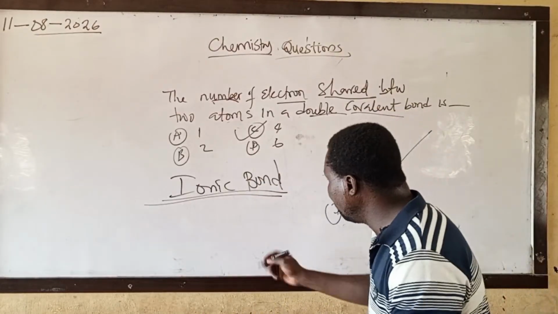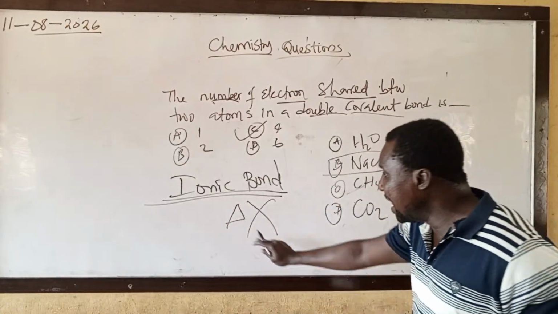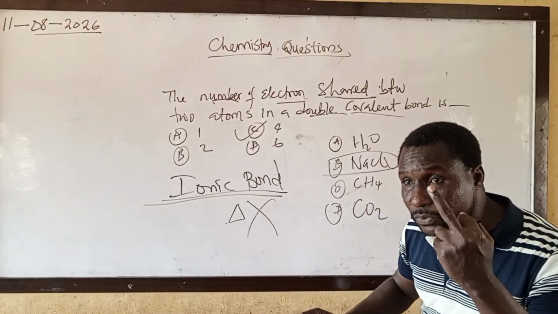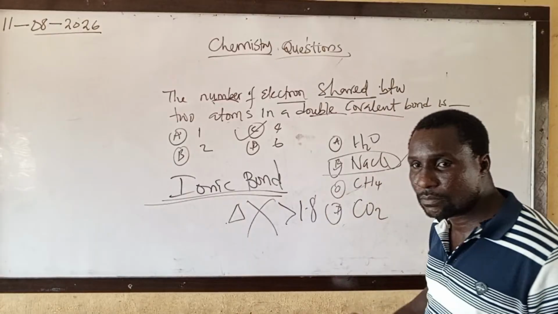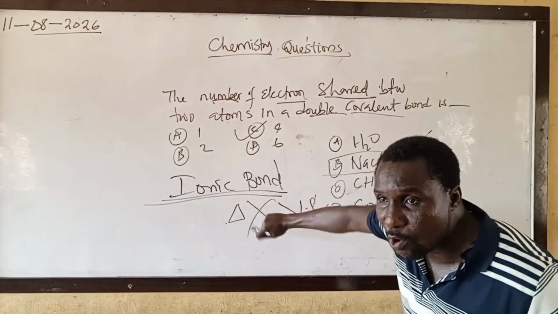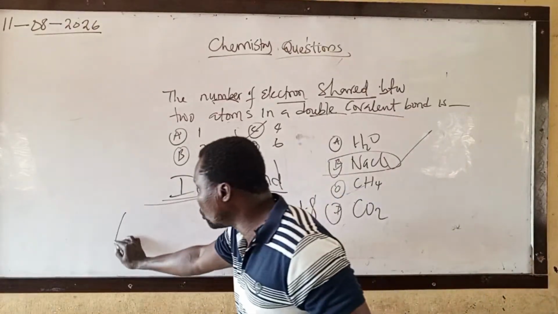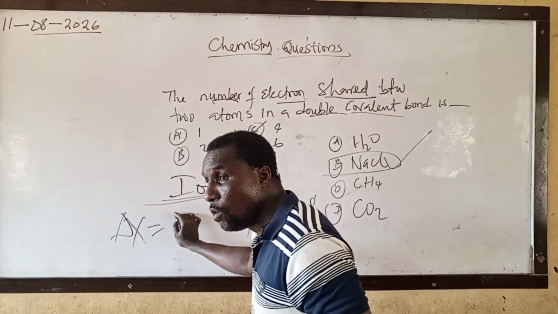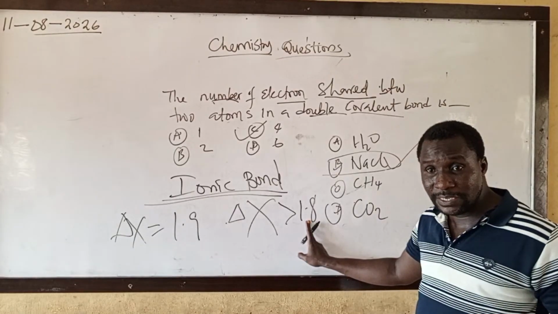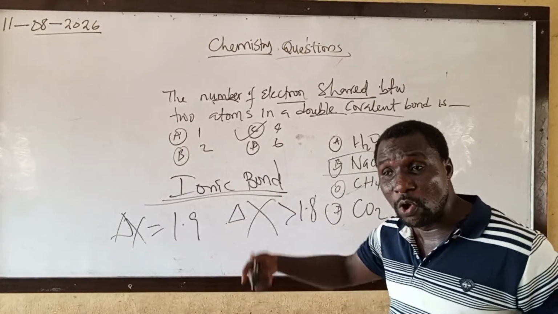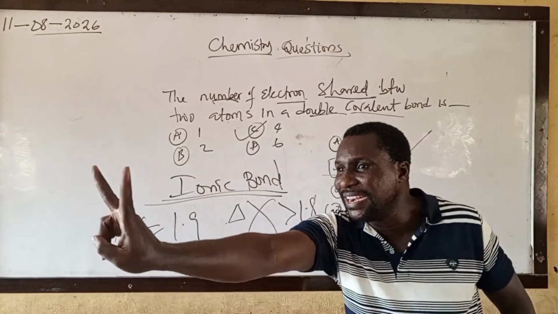If the electronegativity difference between two atoms forming a bond is greater than 1.8, that compound will exhibit ionic bond. In this question, they say the electronegativity difference is 1.9. Is this greater than 1.8? Yes, that means the compound will exhibit ionic bond.